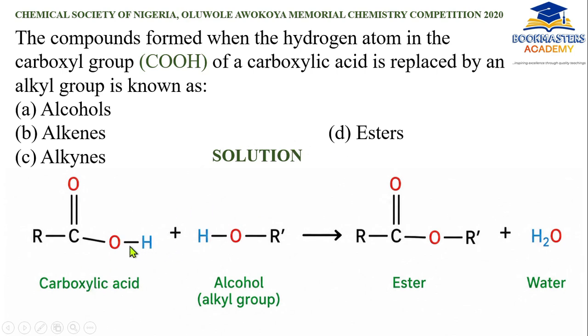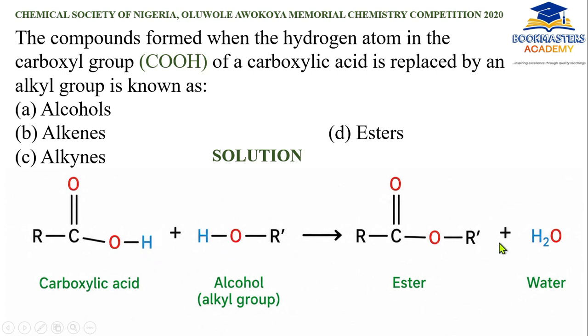This is the carboxylic acid, and what happens is that when you bring an alkanol to react with a carboxylic acid, the alcohol donates its OH and uses it to form water with this hydrogen in the carboxylic acid.